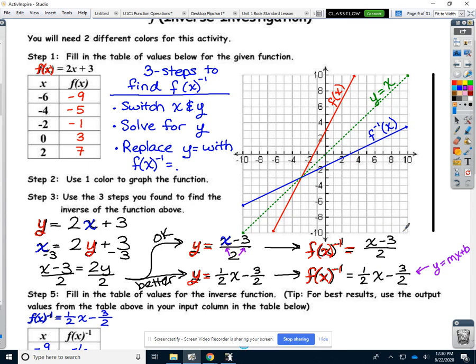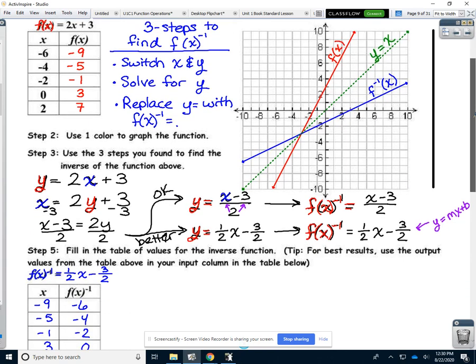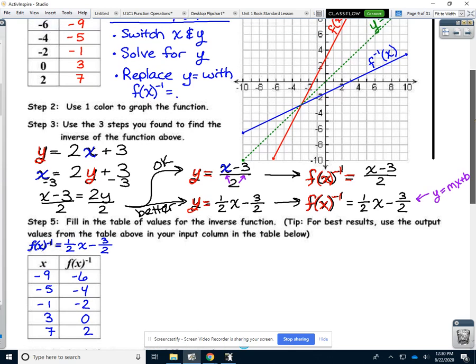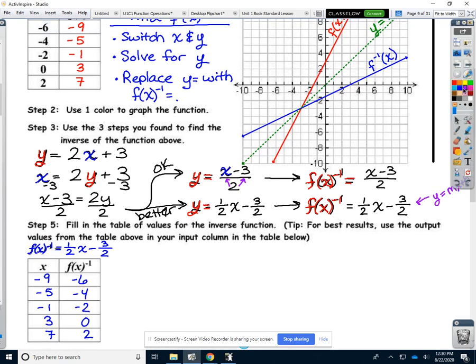Anyway, we really don't need a graph because if you continue down on the page, you simply replace the answers from your output above into your input below, and you plug all of these values into your inverse. So if I take negative 9, half of negative 9 is negative 4.5, and I subtract 3 halves, I will end up with negative 6.